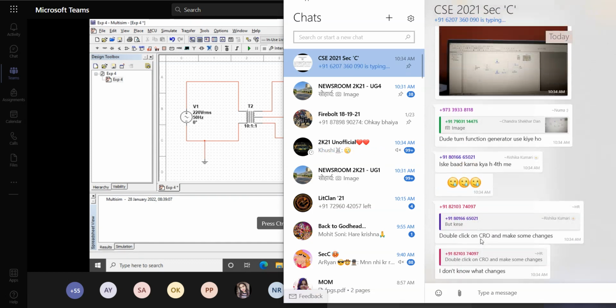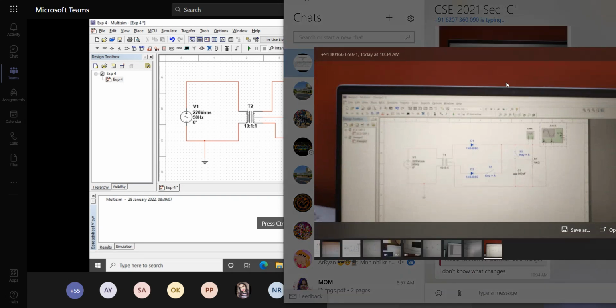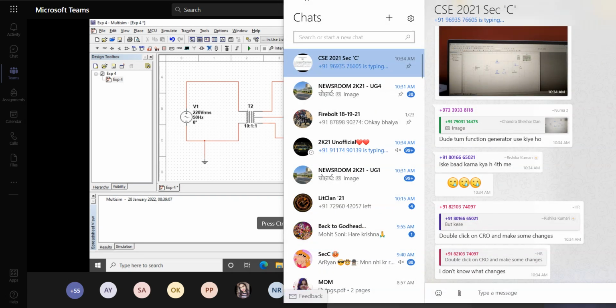Now you connect this one to the positive terminal of the multimeter. Now another thing, the negative terminal of the multimeter you have to disconnect.